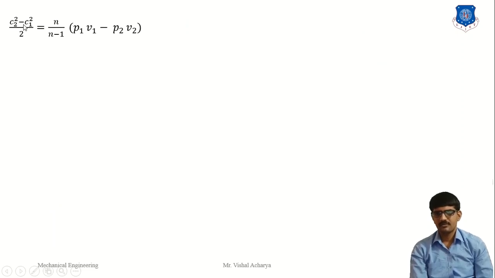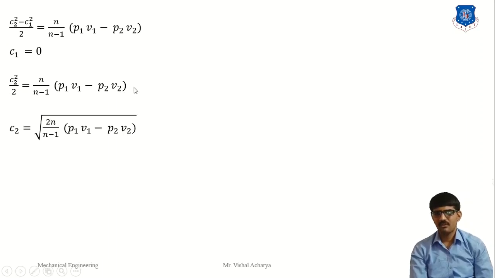Here (C2 square minus C1 square) by 2 is equal to n upon n minus 1 into P1 V1 minus P2 V2. Kinetic energy is equal to the work done of the adiabatic cycle. Here we have assumed that the initial velocity is 0 compared to the outlet velocity. So we get C2 square by 2 is equal to n upon n minus 1 into P1 V1 minus P2 V2. Here we take the square root and multiply by 2, so 2n upon n minus 1 into P1 V1 minus P2 V2.